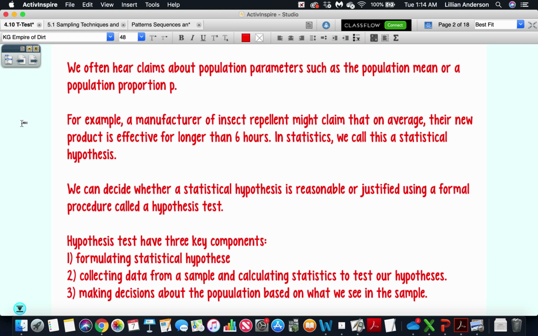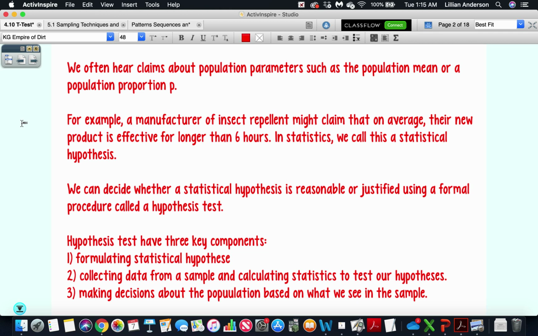Okay, now we can decide whether a statistical hypothesis is reasonable or justified using a procedure called hypothesis testing. Okay, now, like I said before, there's two different types of hypothesis testing. You have the t-test, which we're talking about today, and we also have chi-squared. You probably already have realized this when it comes to doing these tests: they have three key components.